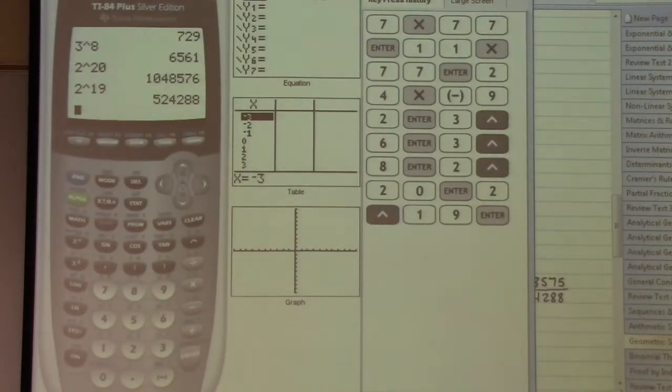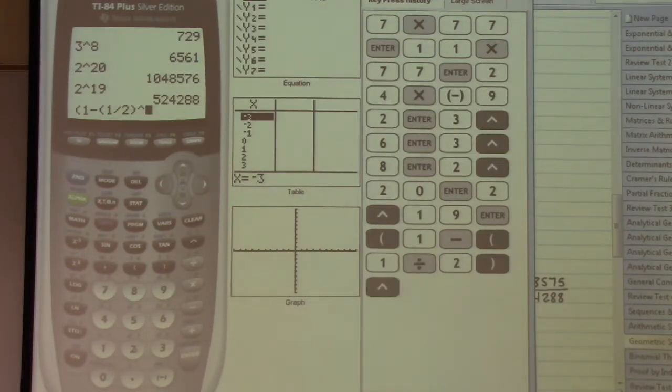Now, I mentioned this. Let's try to do this the way that it originally looked. We had that parentheses, 1 minus, parentheses, 1 over 2, parentheses, power of 20, close parentheses. That was the numerator.